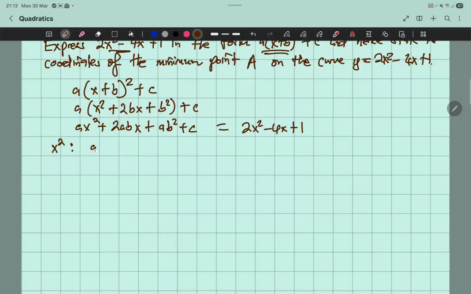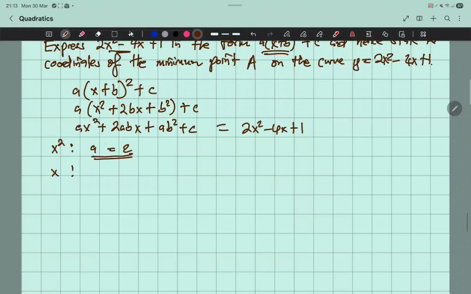On the left hand side we have a, on the right hand side we have 2, so a equal to 2. Let's do that for the coefficients of x. 2ab on the left hand side, -4 on the right hand side. 2 times 2b, 4b, -4b equal to -4, so b equals -1.